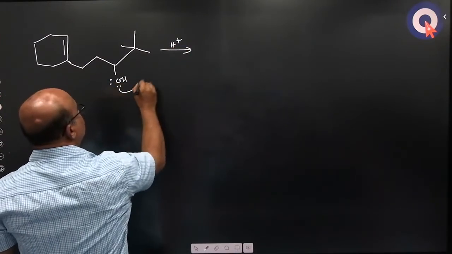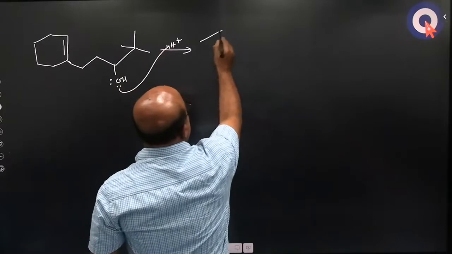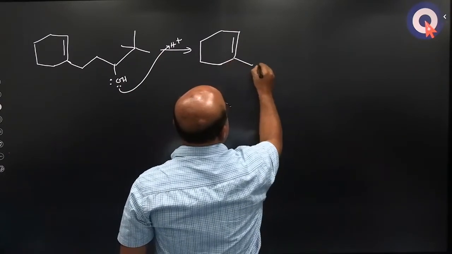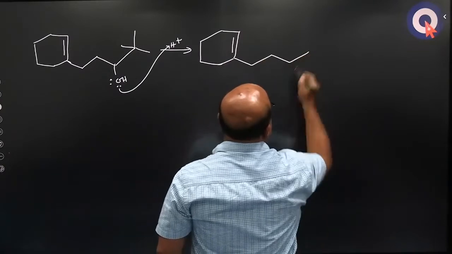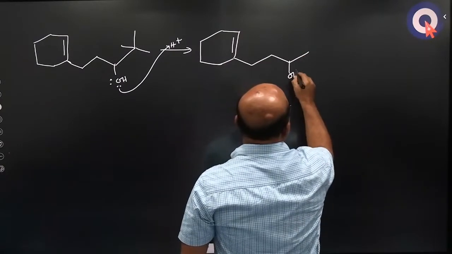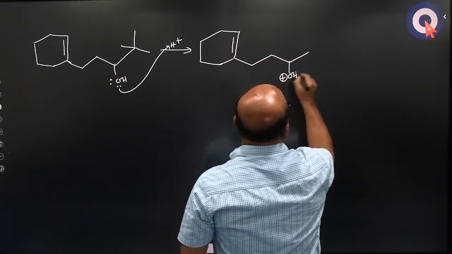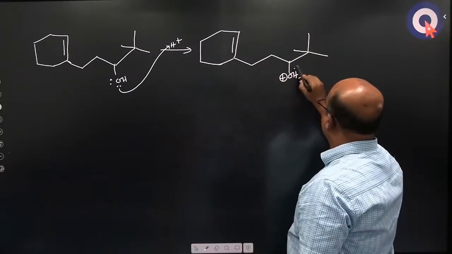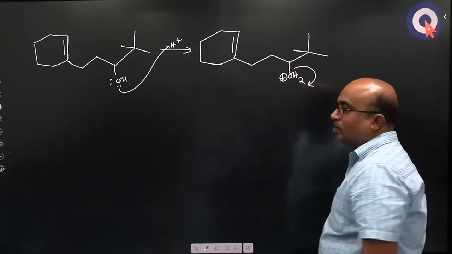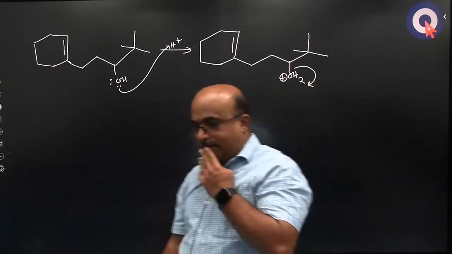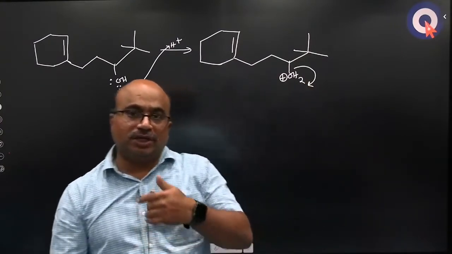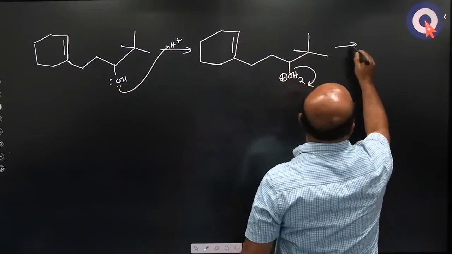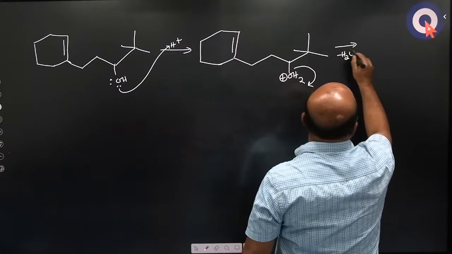So this will convert into the protonated alcohol. But water is a good leaving group, it leaves. But we have a quaternary carbon at this position. So we first initially get a carbocation from here with the loss of H2O.